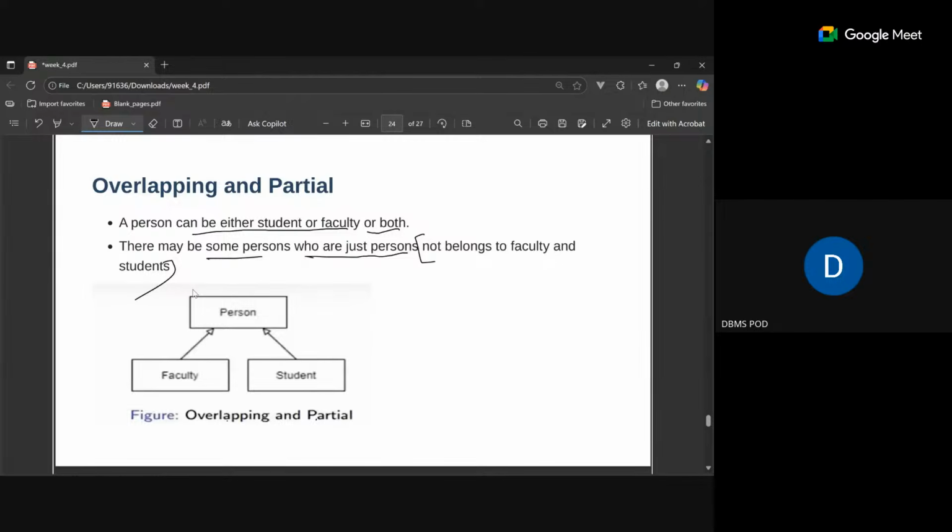Consider there is an admin, manager, user. So there could be some users who are also a manager and admin. There could be some users who are just managers and users. There are generally all those were users. That is what it's trying to say, right? A person can be this one. Especially look at this symbol, this arrow, not this one, just this one. It should be triangular. So this says a person can be either student or faculty. It doesn't mandate. That is what we call overlapping and partial.